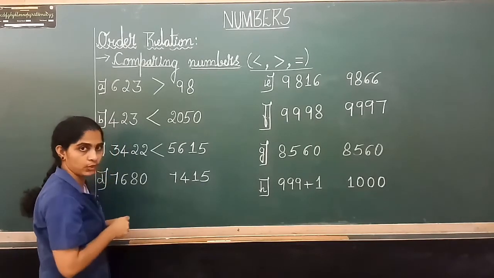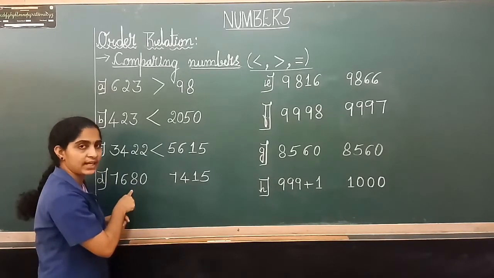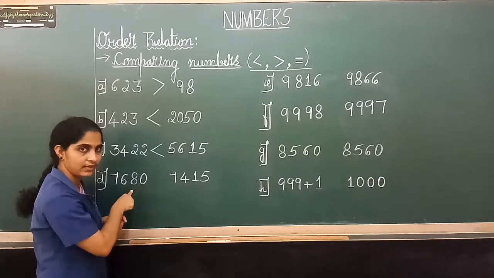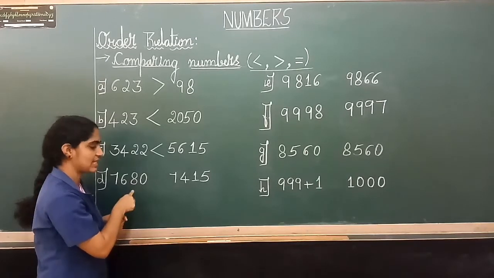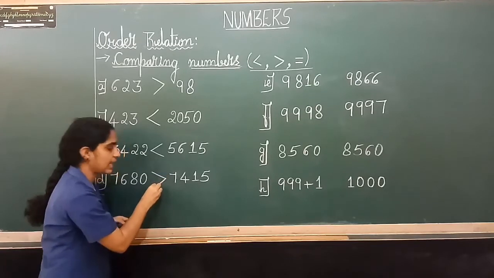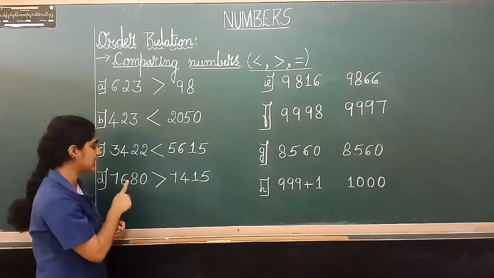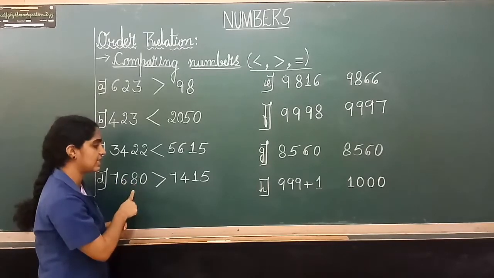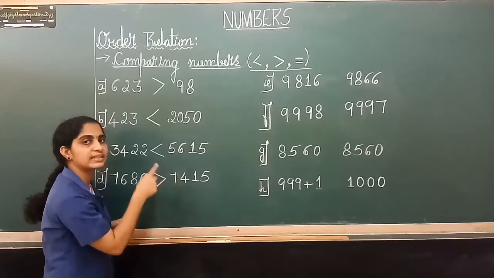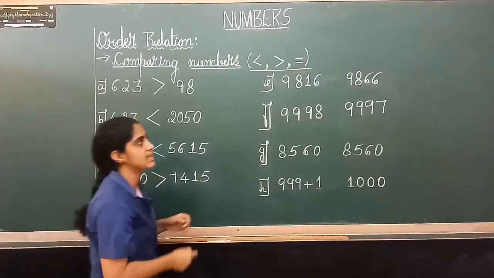So now you are able to put the symbol, right? So this number should have which side of the symbol? Closed side or open side? Very good. As it's a greater number, it should have the open side of the symbol. It shows that 7680 is greater than 7415. Let's move to the next example.